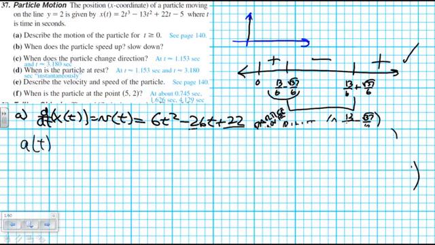The acceleration of this particle is going to be equal to 12t minus 26. You have to just find out when that equation is positive and when it's negative. No, it's not that simple. I wish it was. Are you okay with that idea? So we easily can find acceleration.